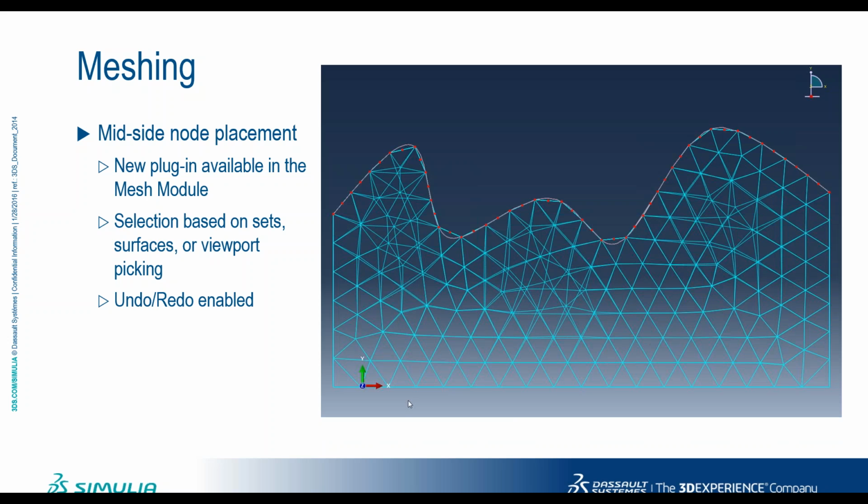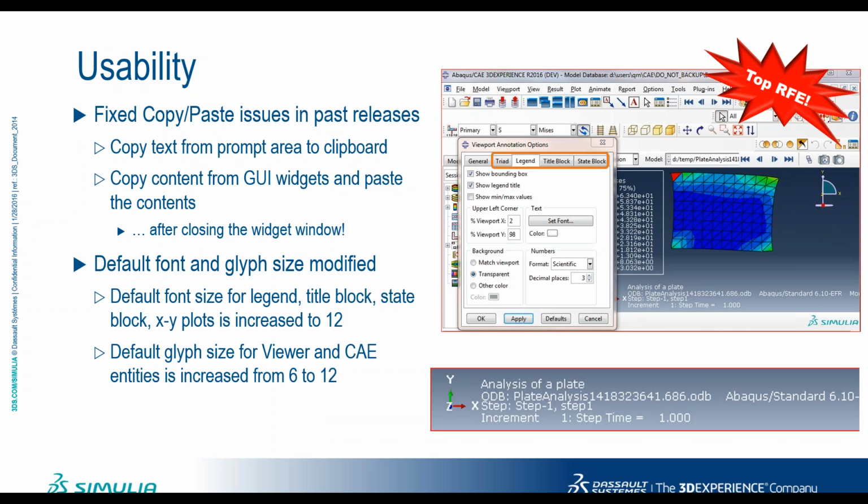This is also new functionality. You can see the difference from this side view. If you have to have a mesh like this, now this plugin lets you define a mesh like this.